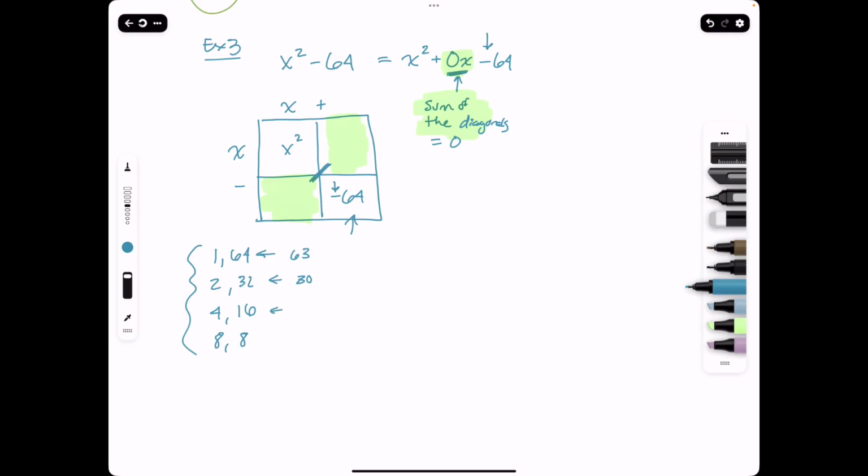If I add those or subtract those, I would only get to 12, not there. But here, if one is positive, one is negative, I get to 0. So I need to use a positive 8 and a negative 8. So that in the green shaded area, I'd have a negative 8x and a positive 8x. Those two now will cancel.